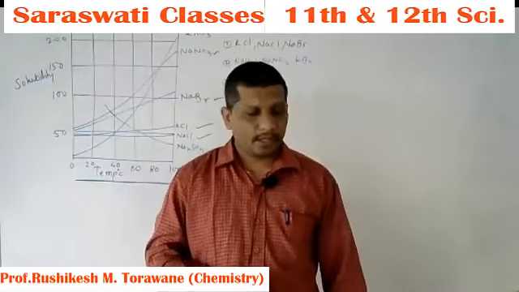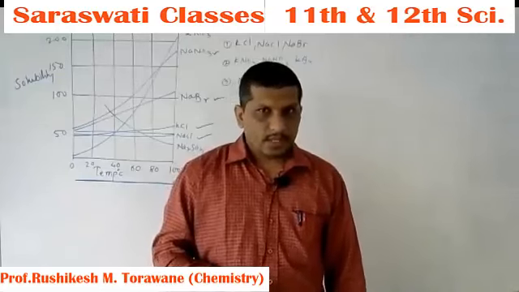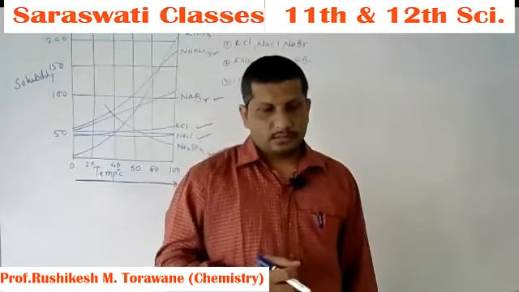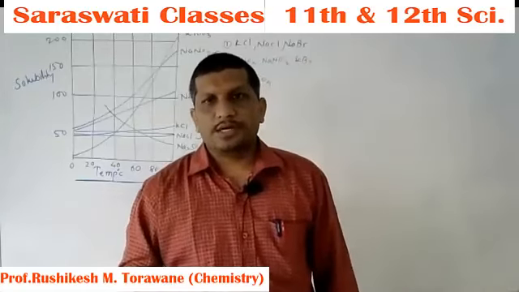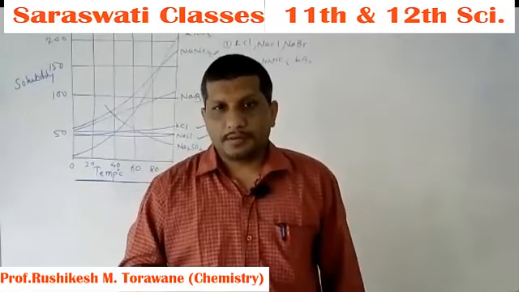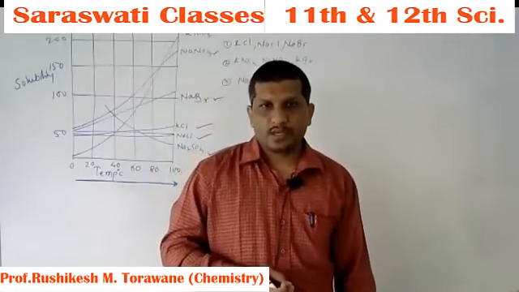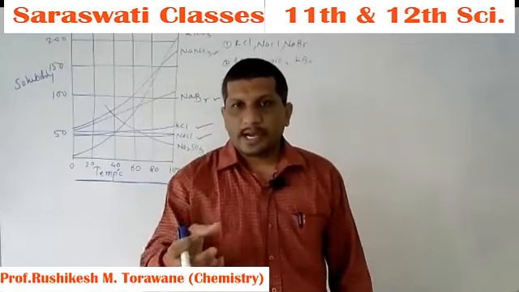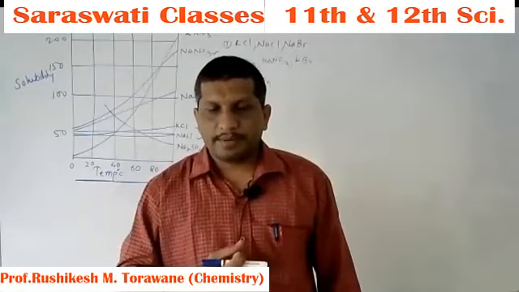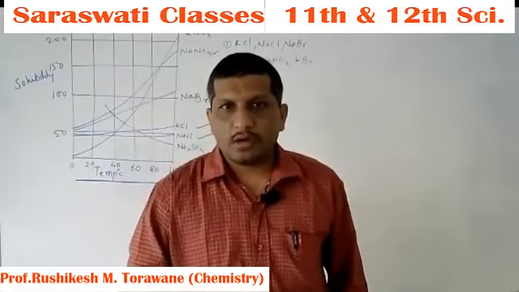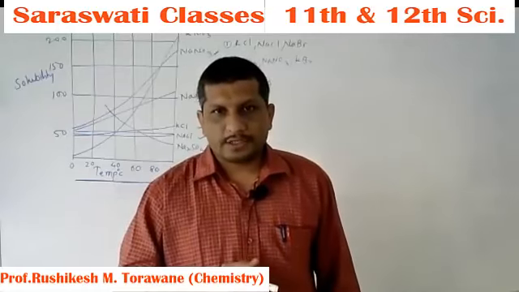These are examples from 12th standard; some practicals you can also do this current year. KNO3, potassium nitrate, can absorb or take up heat, and this is called an endothermic reaction.